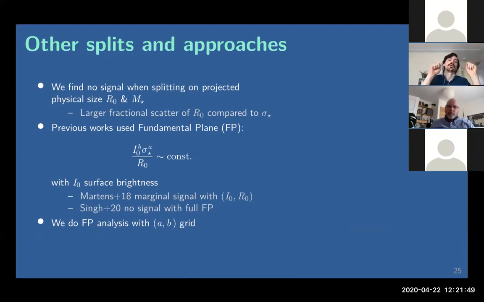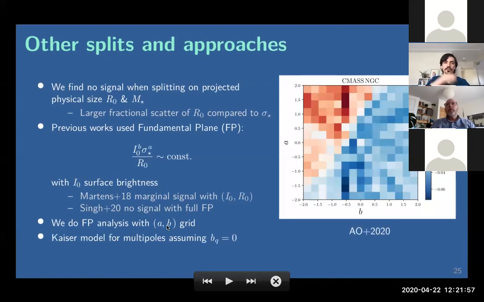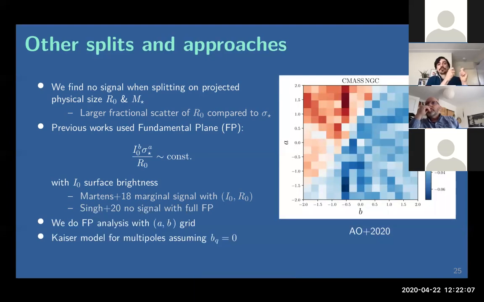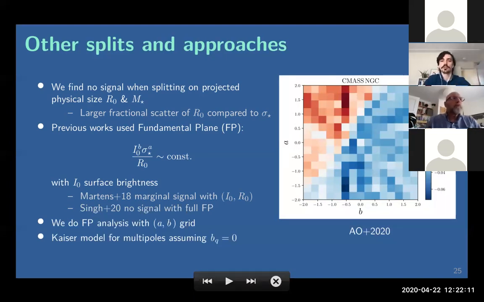When we make the split based on the fundamental plane, we really need to model the monopole and the quadrupole, and we do this using a Kaiser model, a simple model assuming that there is not this effect. Then we look for differences in the growth. For each of the subsamples, we can measure the growth and compare it with the other subsample to see the difference. That's what I'm showing here, this delta F.